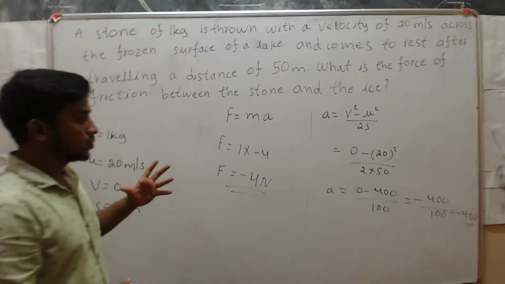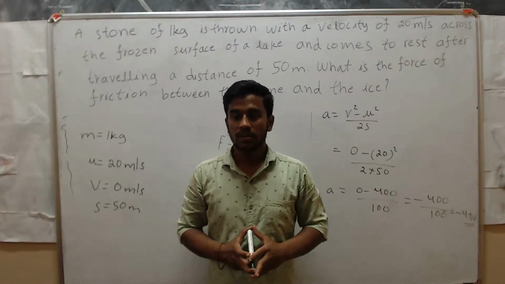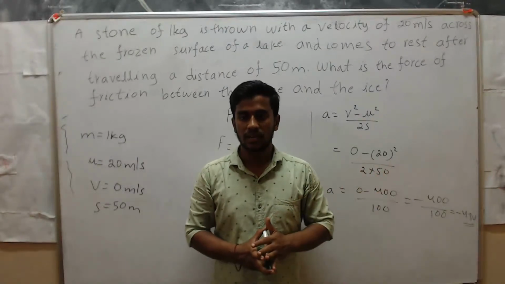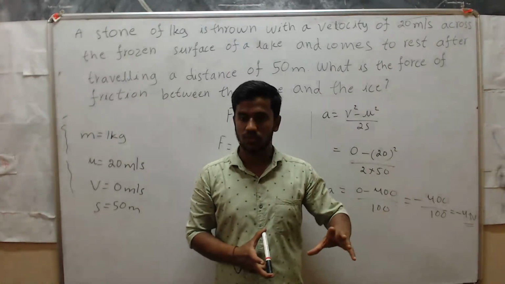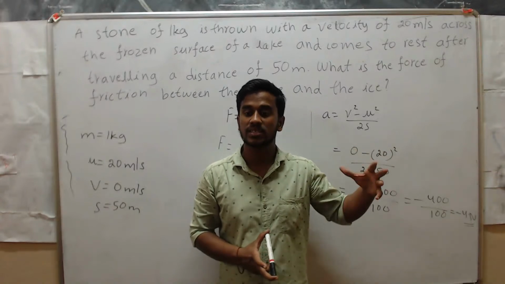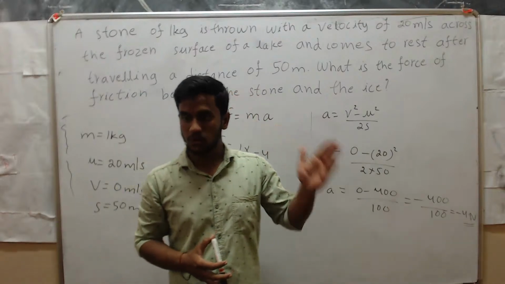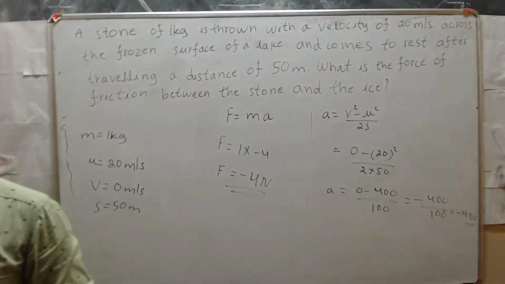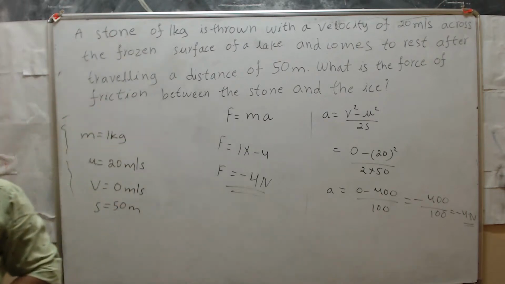See here, you throw that stone, right? So after covering a distance of 50 meter, it comes to rest. Why? Due to the friction force, some force is acting against the direction of the stone. So this negative sign indicates that force, which is in the opposite direction, opposite to the motion of that stone.